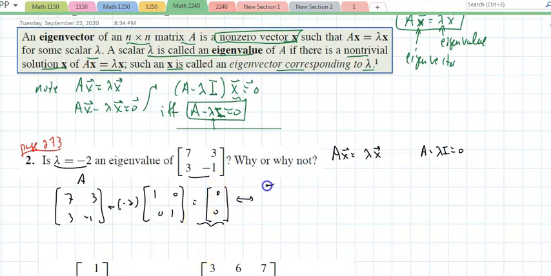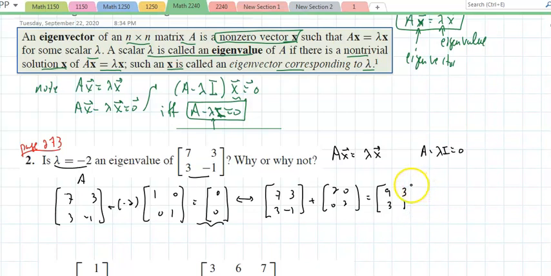This means what? That would be, and I'm going to write them out, 7, 3, 3, negative 1, plus 2, 0, 0, 2. We're trying to see if we could get that to be 9, 3, 3, 1 times x equals 0, 0.